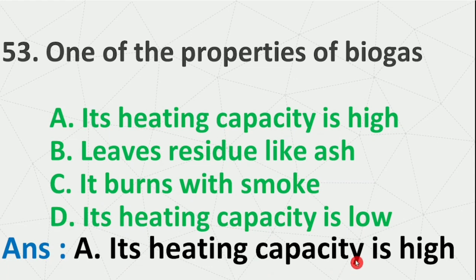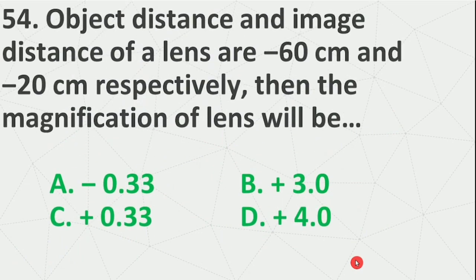Question number 54. Object distance and image distance of a lens are minus 60 centimeter and minus 20 centimeter respectively. Then the magnification of the lens will be. We know the formula.